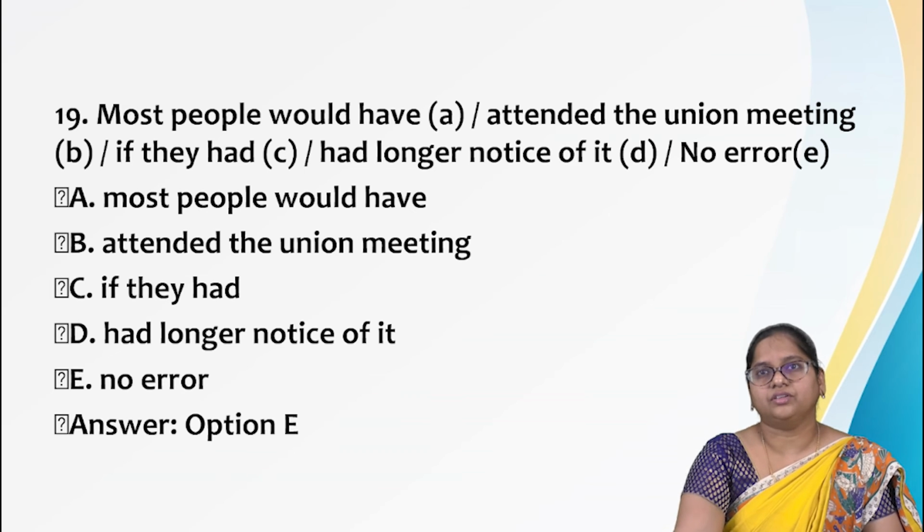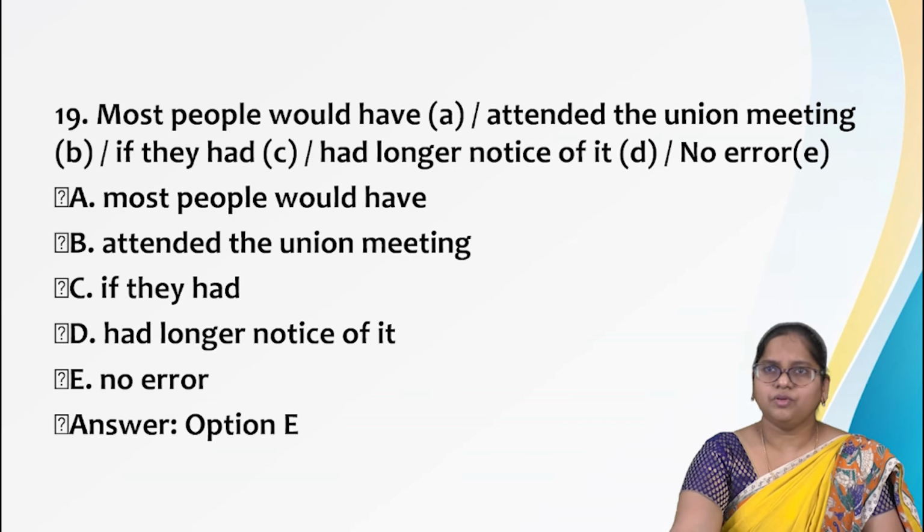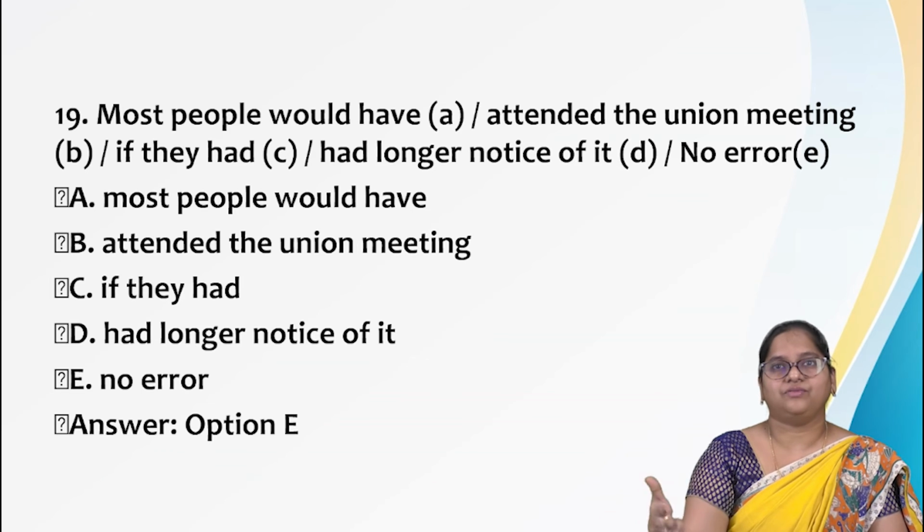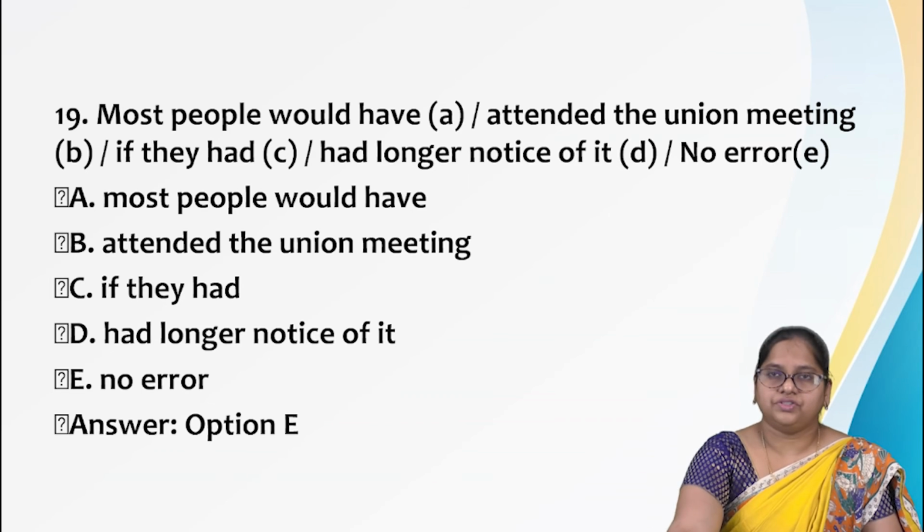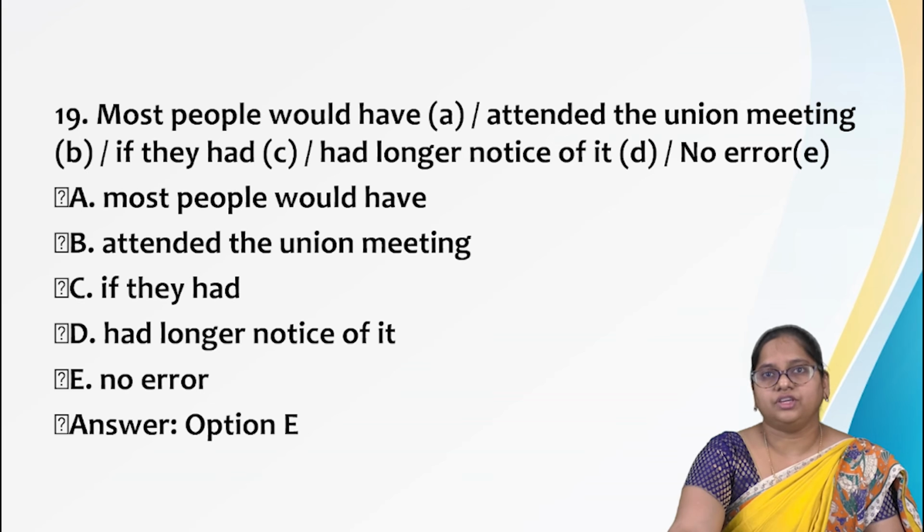There's nothing wrong here because everything is fine. Most people would have attended the union meeting if they had a longer notice of it. Everything is perfect, and you can go with option A, no error.